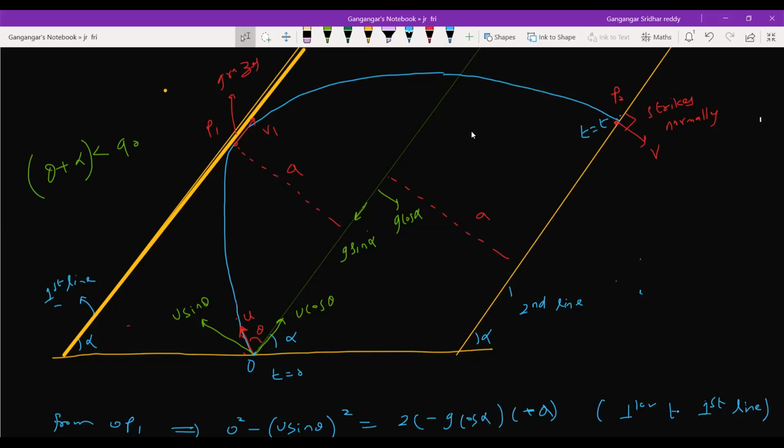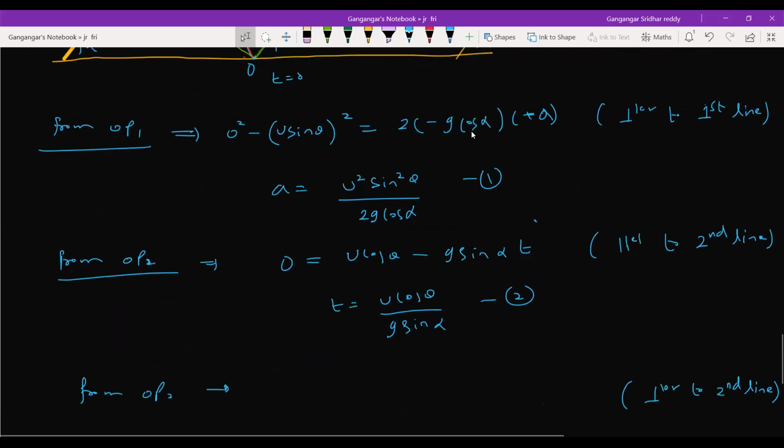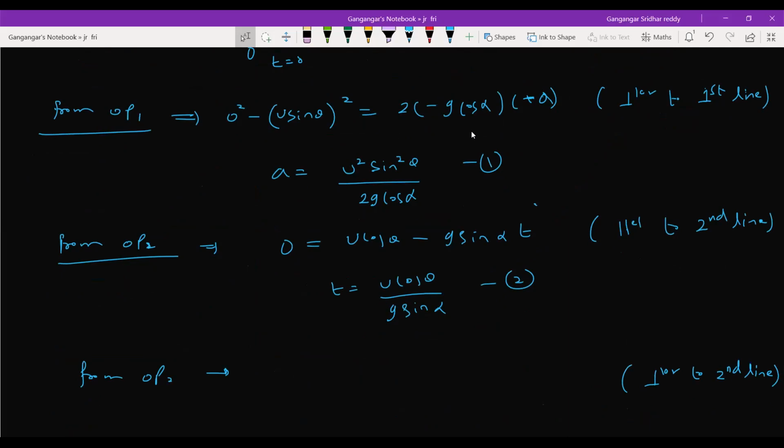So I'll write the equation v square minus u square equal to 2as formula, or s equal to ut minus half at square, any of the formula. So this will be minus A, no?